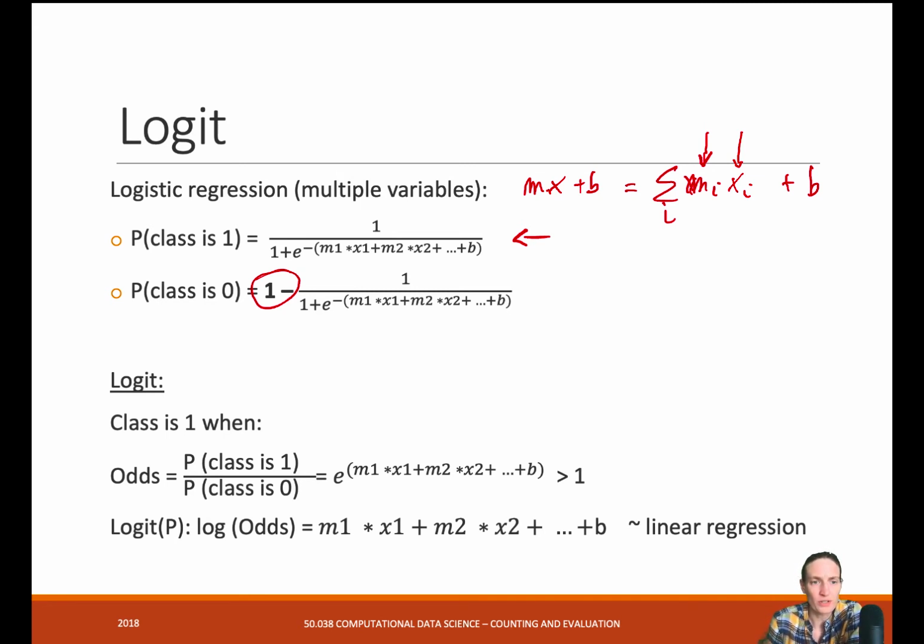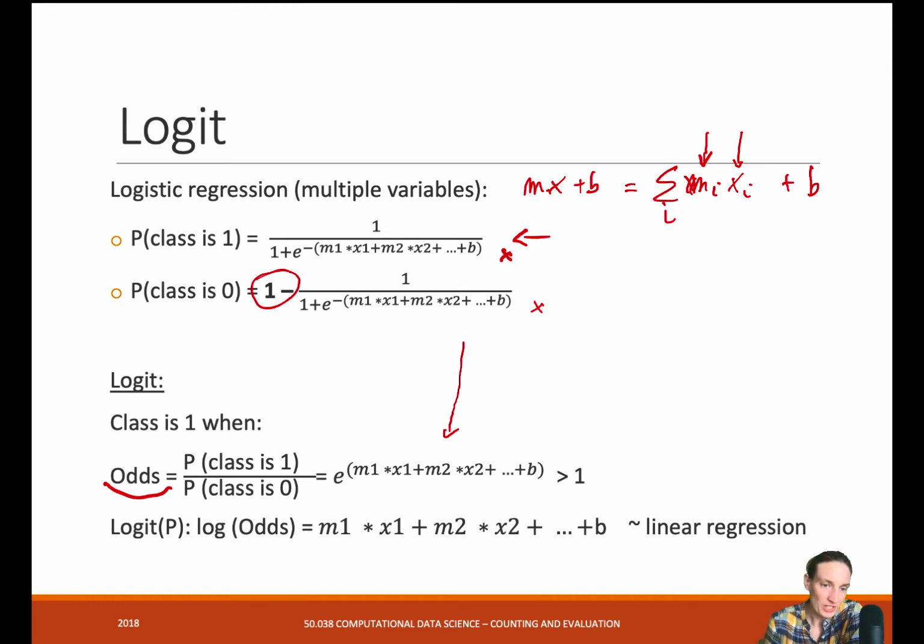If we use a 0.5 threshold, we can actually calculate the odds that class is 1 over class is 0. It gives us the odds that something is class 1. And if we fill in the equations here, we can derive that to this equation. I'll do it on the next slide, in fact.